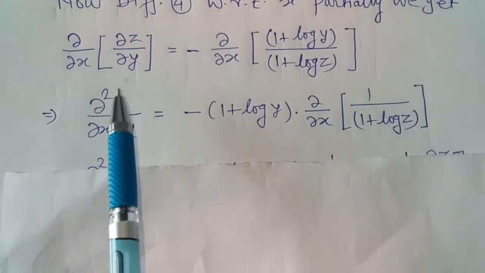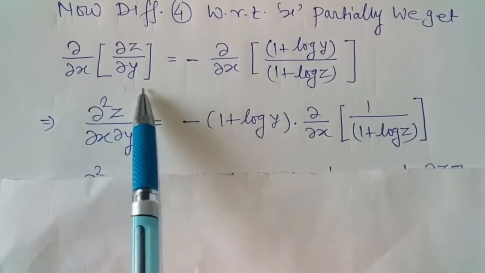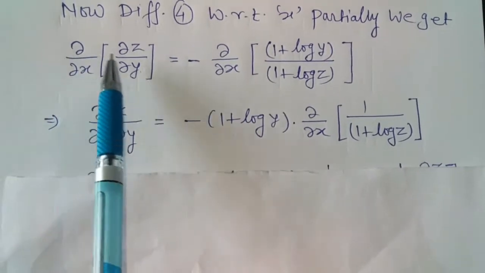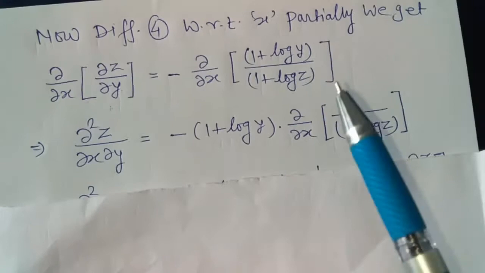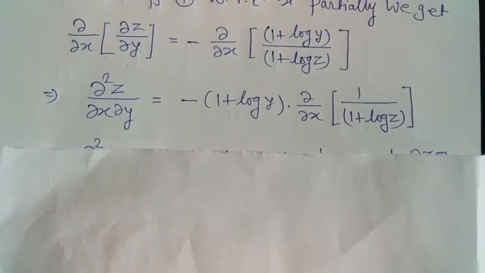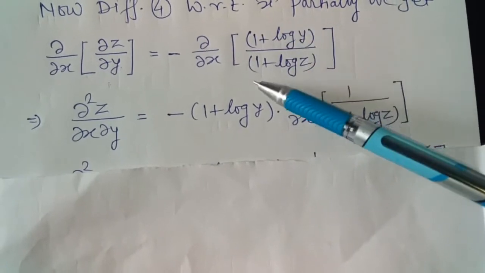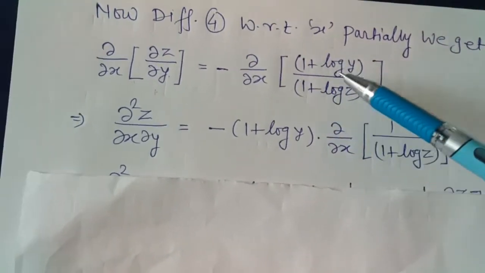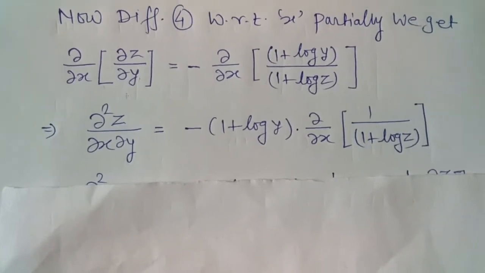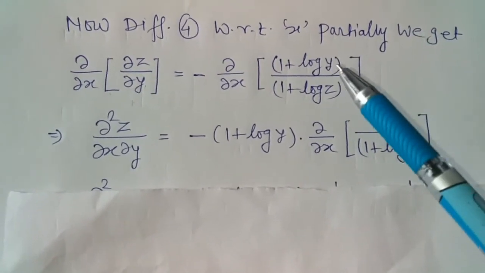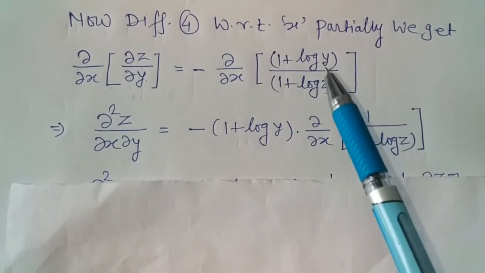this left hand side becomes del 2z upon del x del y equal to, now here since we are going to differentiate this expression with respect to x partially, the other independent variable, that is y, is the constant.